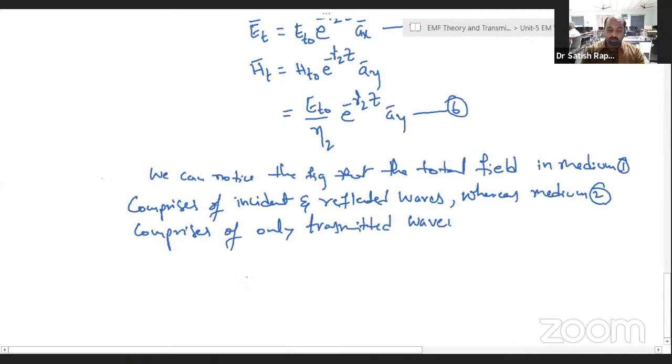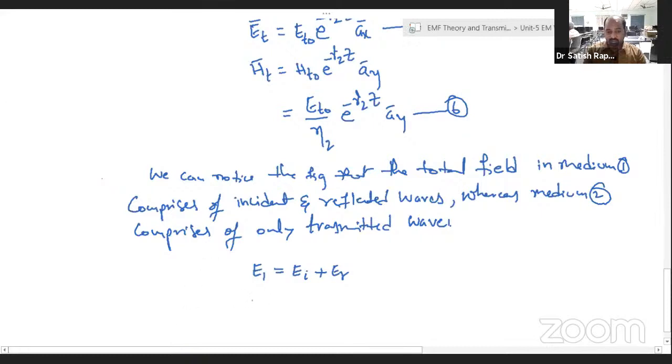So therefore we can write that the total electric field in medium 1 is equal to EI plus ER, right? The incident plus reflected wave.